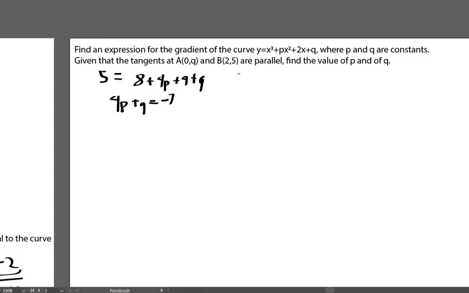So let's figure out what y prime is. y prime is simply 3x squared plus 2px, because p here is a constant, so you don't need to care about that, plus 2 because of the x.